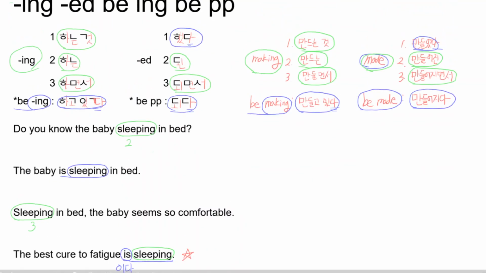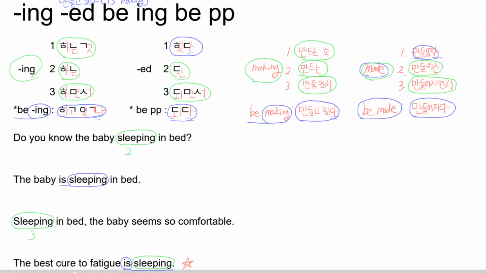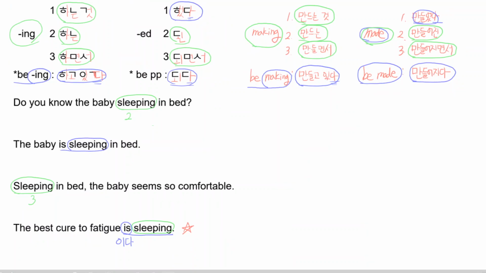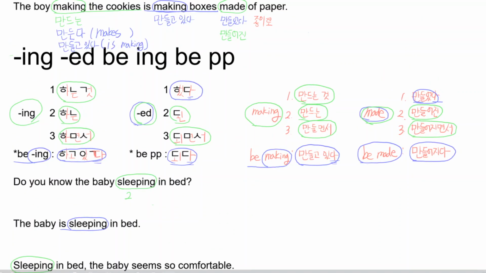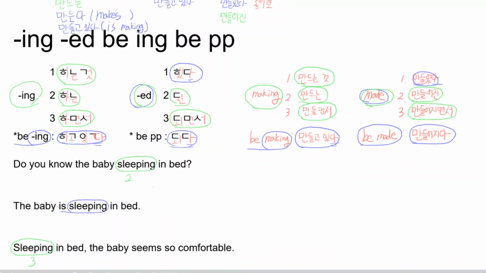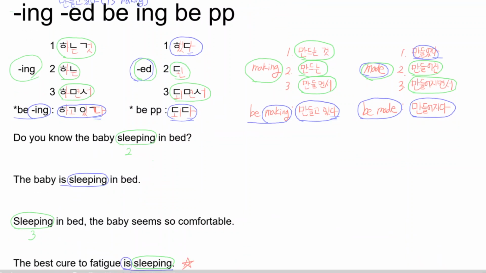So as you can see in the above here, ed could be either blue or green, right? It could either be a finite verb or non-finite verb. And BPP is always a finite verb. You see the difference here?